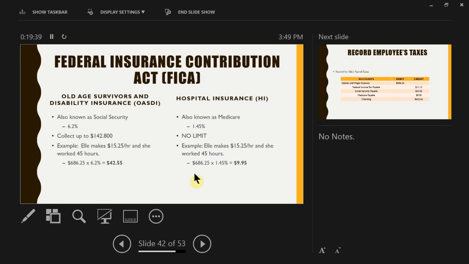So here again, Old Age, Survivors, and Disability Insurance, also known as OASDI, which is your Social Security. In this case, it's a straight rate of 6.2%. And you can only collect up to $142,800. So there's a cap limit on how much you can claim.